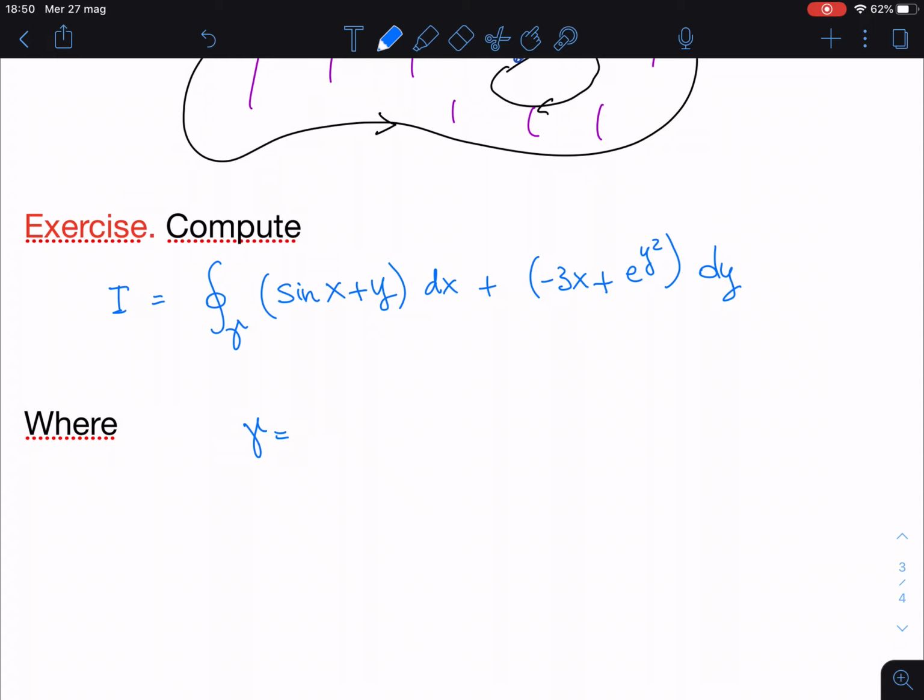Gamma is this curve, x y in R2 with x squared plus y squared equal to 4.